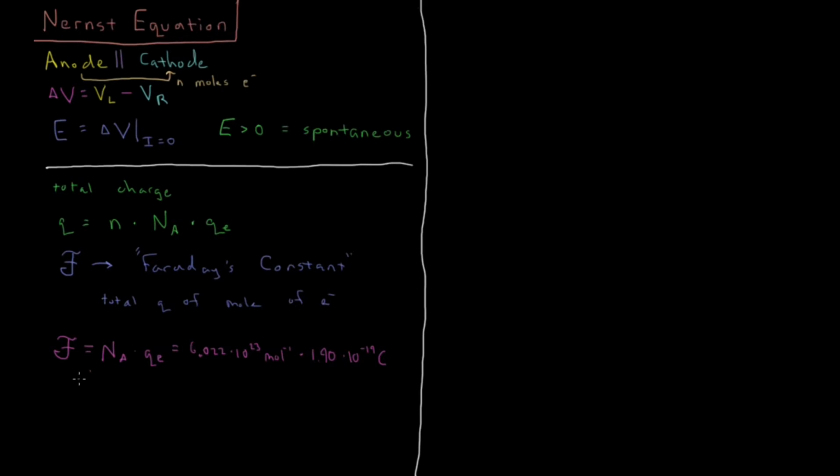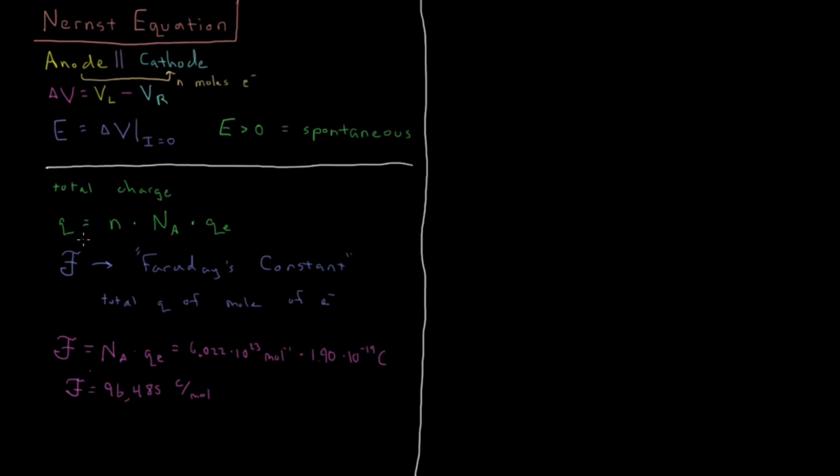So F is going to end up being equal to 96,485 coulombs per mole. And this will be a pretty central constant throughout this series on electrochemistry. Okay, so that's our Faraday constant.